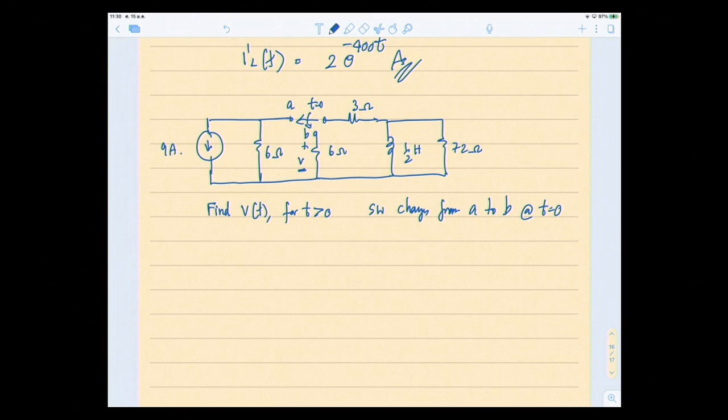If it's a capacitor, you have to find VC, right? If it's an inductor, you find IL, depending on which direction of IL you want. So anyway, I'm going to have to look at t equal to 0 minus.